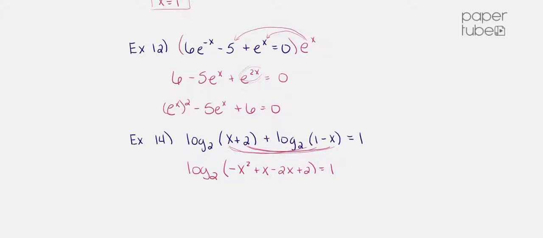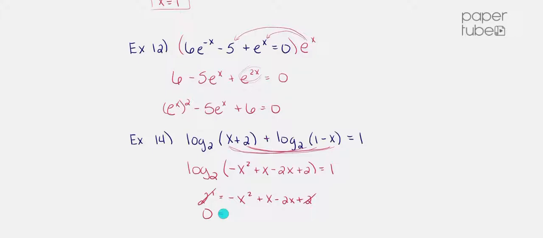The base will stay the same, the log's output will become the exponent, and the log's input is the output for the exponential. So 2 to the 1 equals all of that input, and now it's just changed to an algebraic expression that you'll solve using any quadratic method you like, factoring, completing the square, quadratic formula, whatever you want.